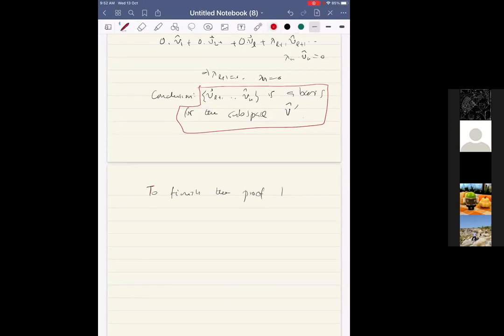I claim that T V L plus 1, T V N is the basis for the image.